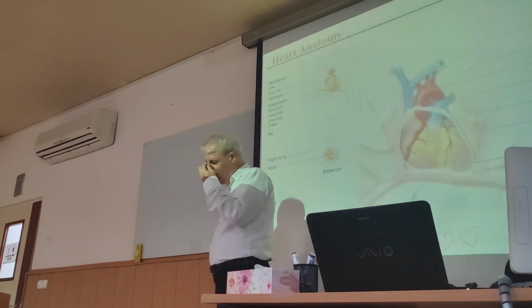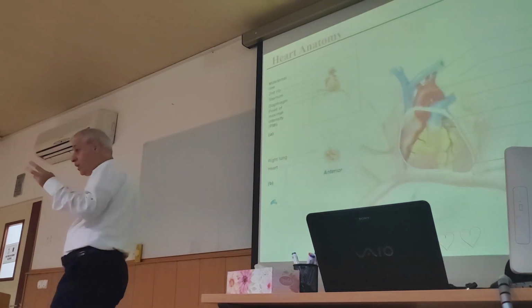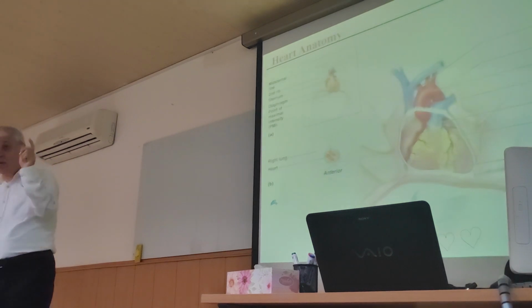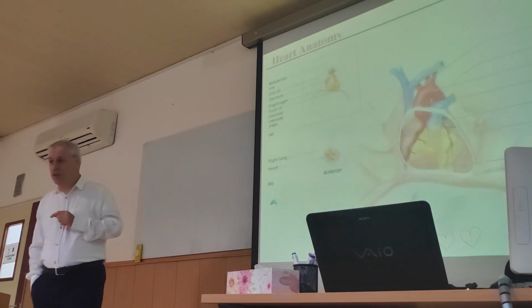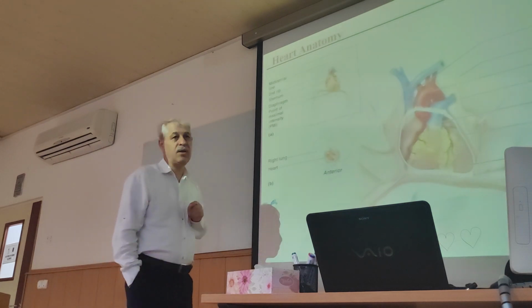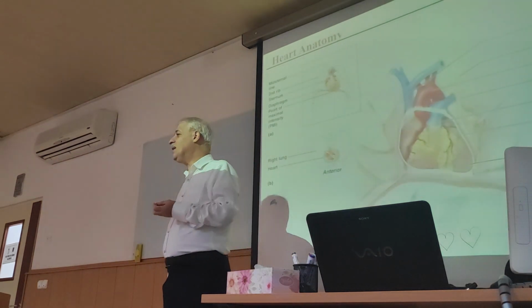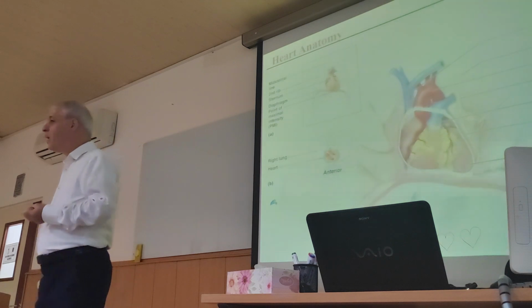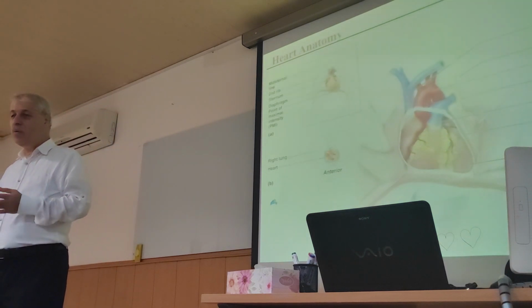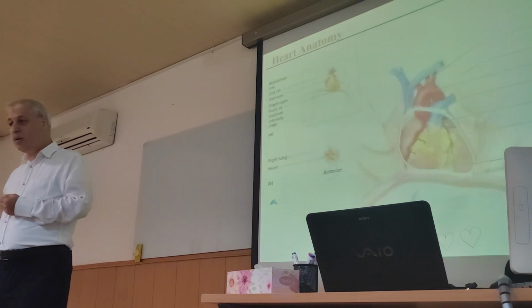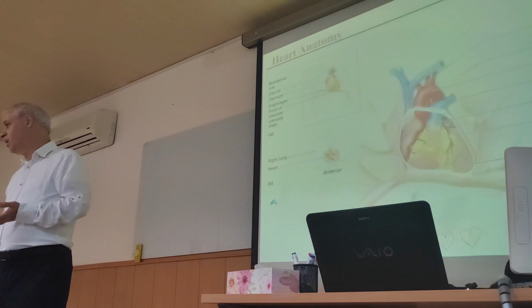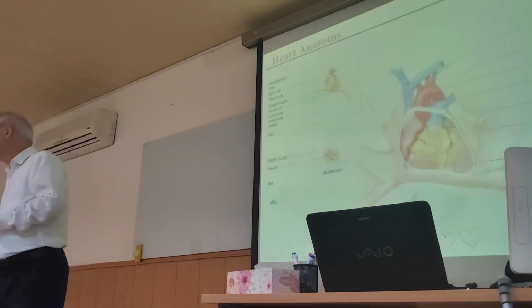The pericardium is composed of two layers: visceral and parietal layers. Between the visceral and parietal layers, there is a thin film of pericardial fluid, which is around 50 milliliters.